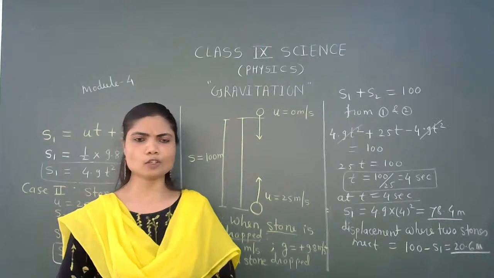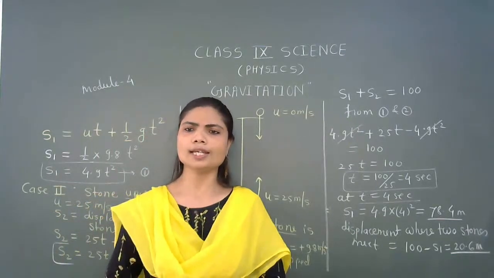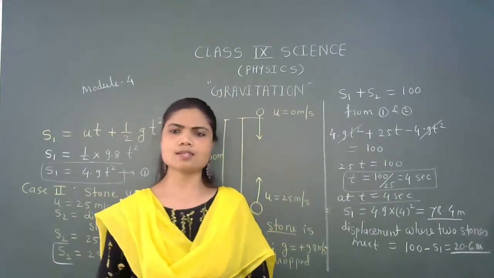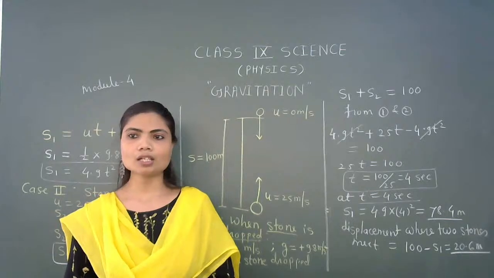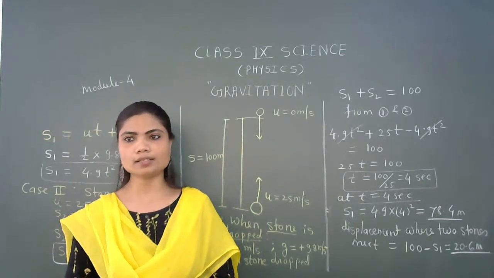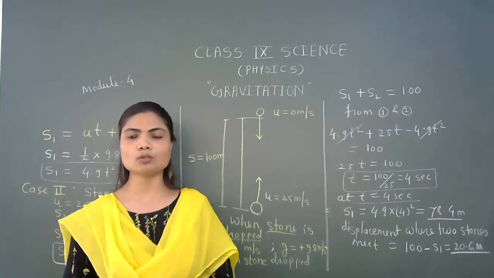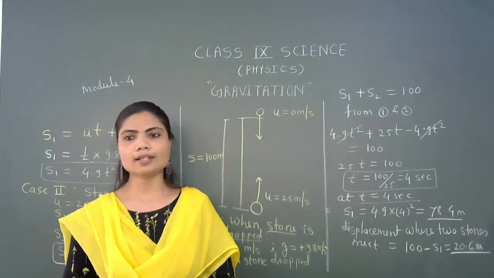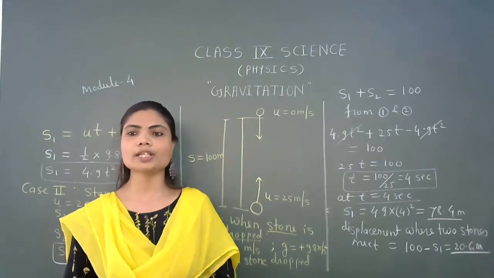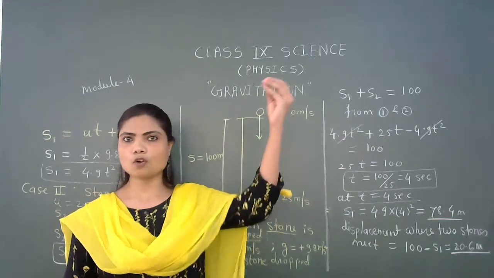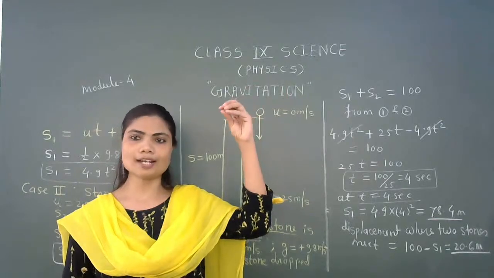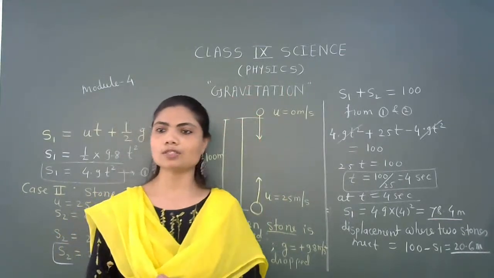Yes, you can take the value of g if it is given. If not, you can use 9.8. Both the answers will be correct. The main thing is the concept of how to deal with this. You understood? You have to consider both the stones and their initial velocities. If it is not given, then for the stone which is dropped or at rest, the initial velocity is considered 0.